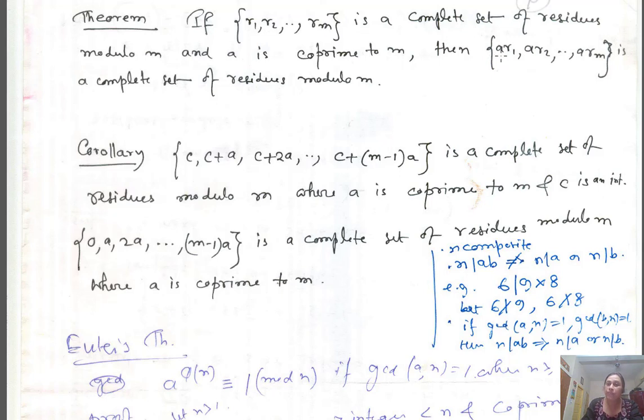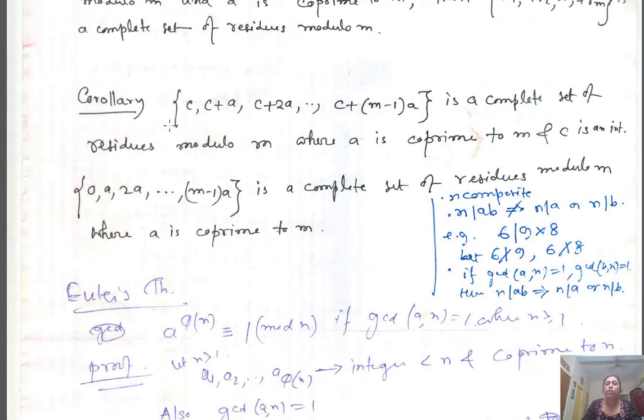So A into 0 gives 0, then A, twice A, up to M minus 1 times A. And then shift by C: C plus 0, C plus A, C plus twice A, up to C plus M minus 1 times A. So this is also a complete set of residues modulo M, provided that when you take a scalar multiple, A and M should be co-prime, and C is any constant.